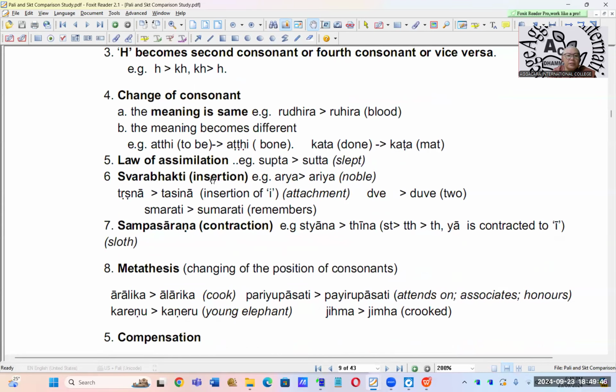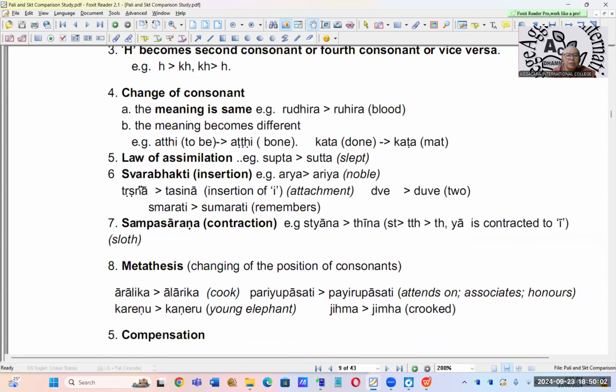Now we also see the just now insertion. This is called Swarabati. Arya, we put the I, become Arya, noble person. So this from the attachment, Tarishina. That's why you notice that this is Sanskrit here. This part is Sanskrit. Sanskrit is we call it artificial language because it's nobody can pronounce like this. So difficult to pronounce.